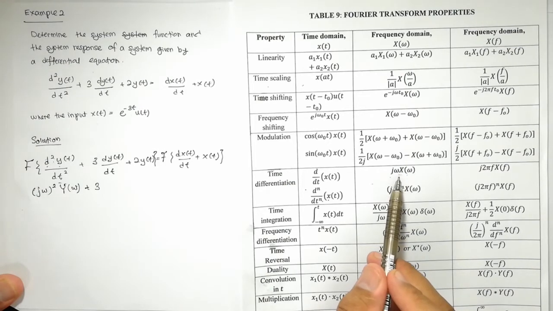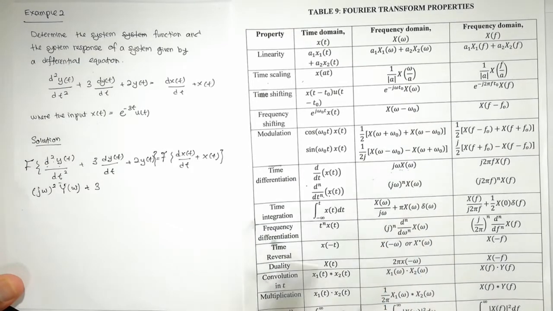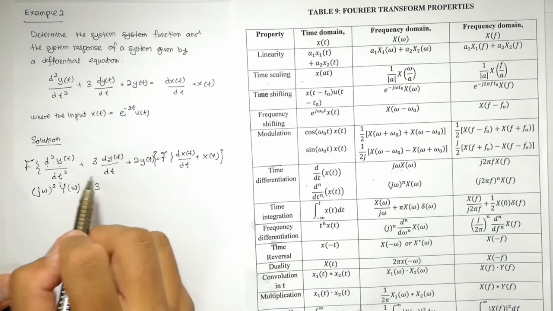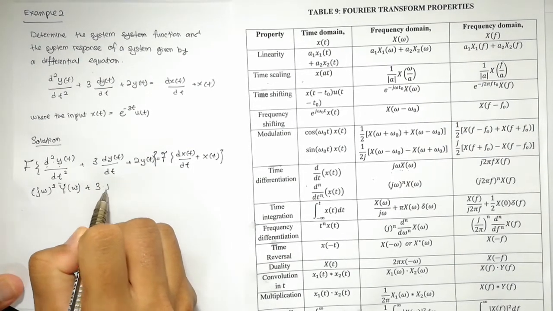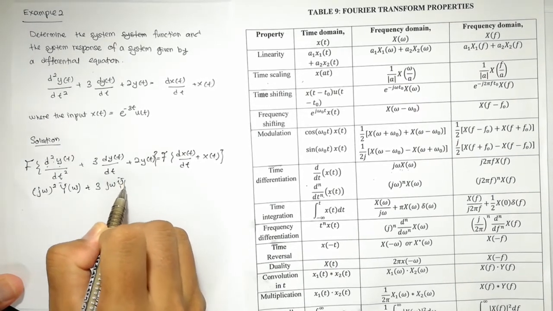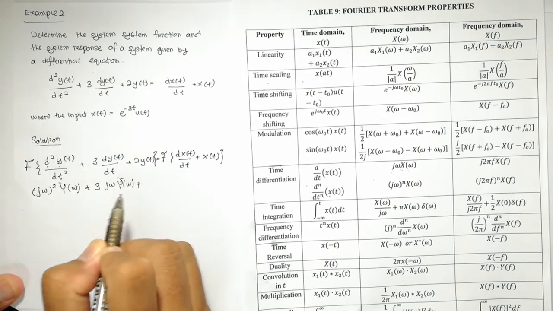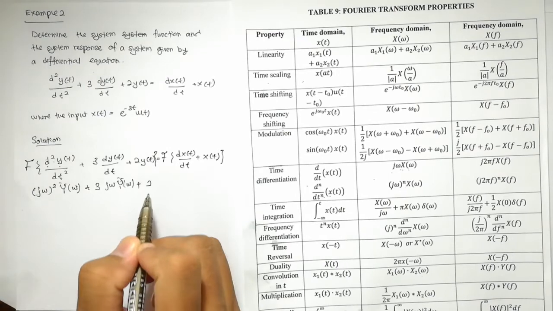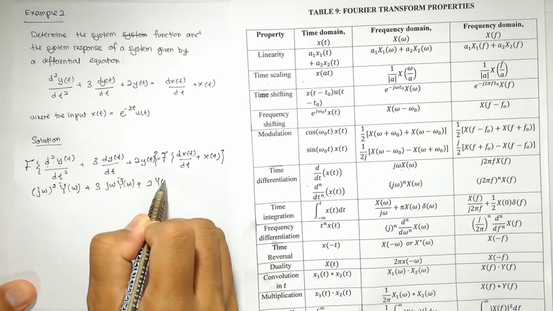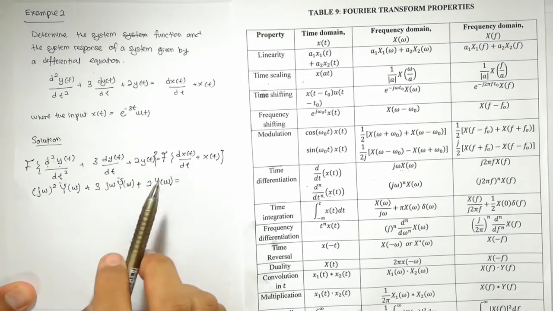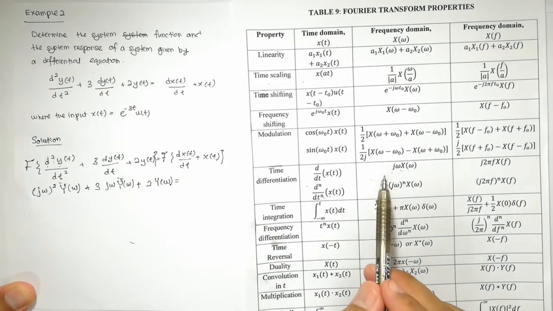So we have j omega multiplied with Y omega, plus 2 times the Fourier transform of y(t), which is Y omega. This will be equal to the Fourier transform of dx(t)/dt.